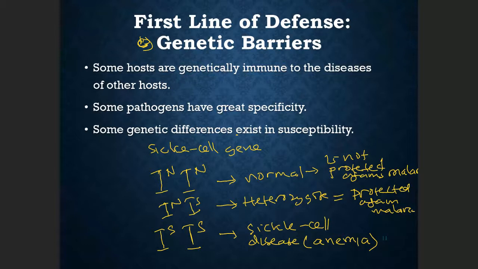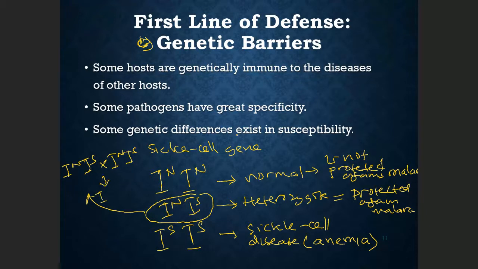So most people in malarial belt countries carry this type of gene, which is the heterozygote type. When they move to the United States, for example, some of them may marry another person who carries the heterozygous gene, and then they might have children that carry both sickle cell genes.